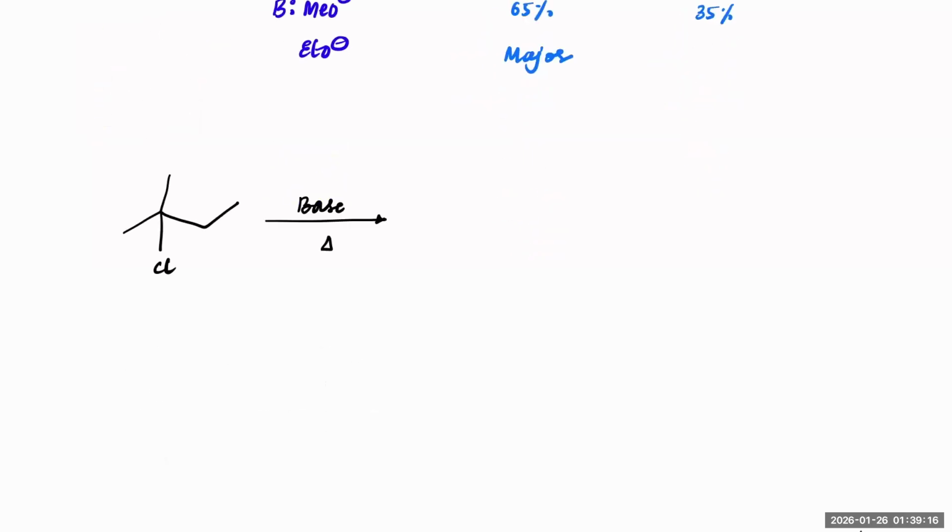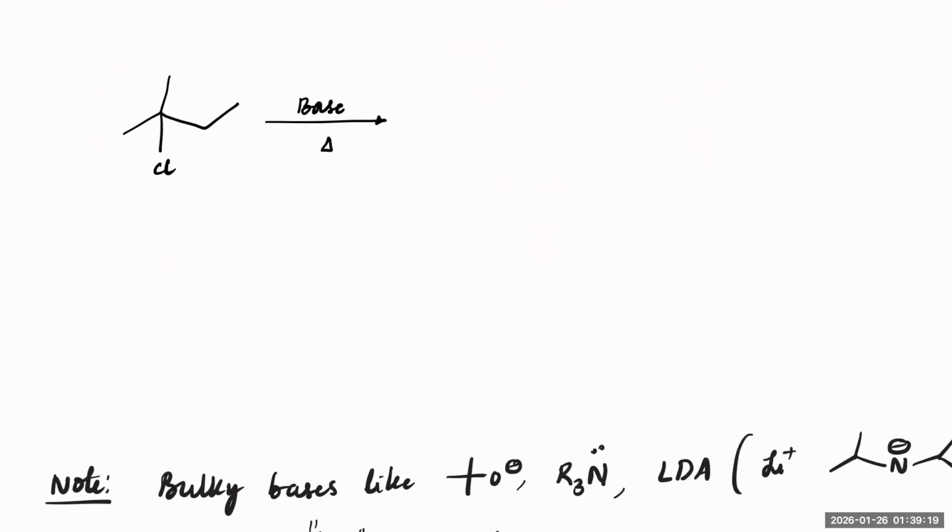But what if the base is bulkier? Which types of bases are bulkier? Bases like tert-butoxide. So wherever you have seen t-BuO minus, which means we are talking about this one, tert-butoxide, a very bulky base. Or we can have more bulkiness around it like this, which becomes even bulkier.